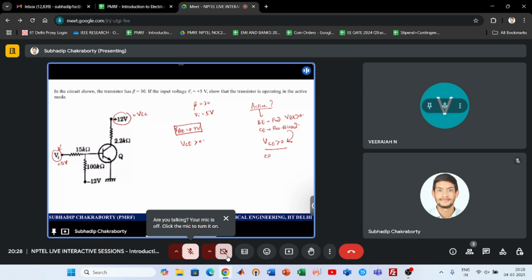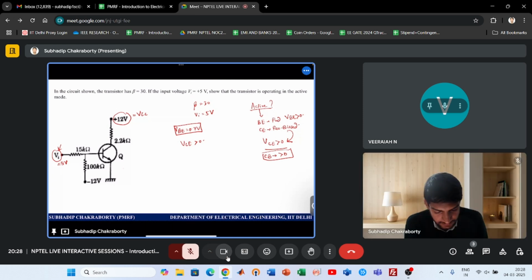Collector base junction should be reverse biased, which means VCB should also be greater than 0. So can you show this VCB?